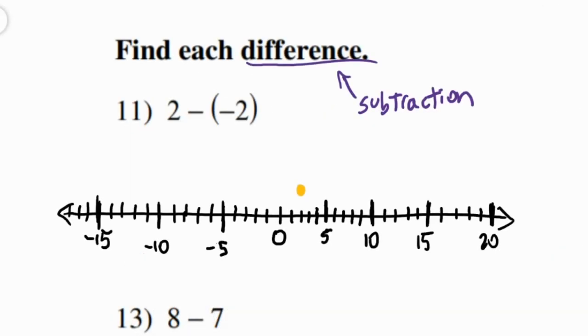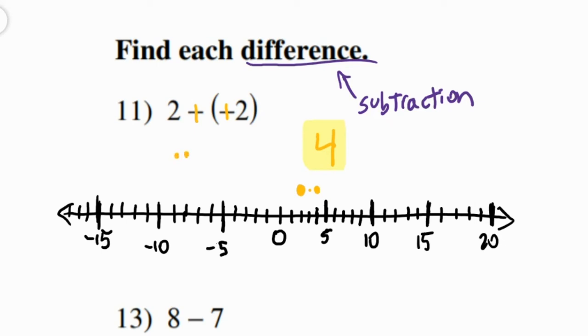So with my method, we go from positive 2, and then we remember that when we subtract a negative, that means going up the number line, and we go up 1, 2 spaces to 4, which is our final answer. However, it is also valid to look at this problem and recognize that when I subtract a negative, that's the same thing as adding a positive.